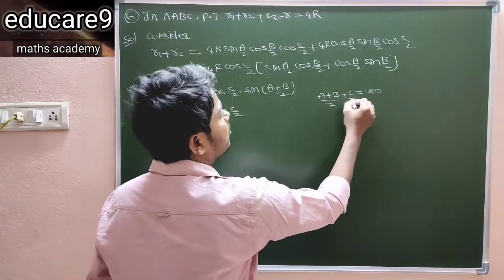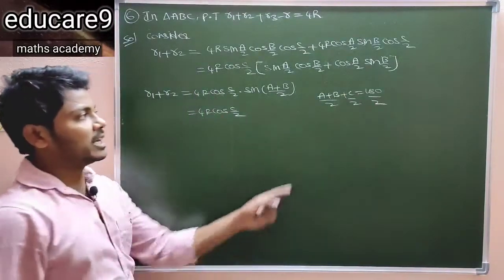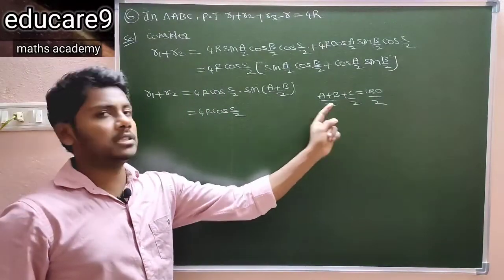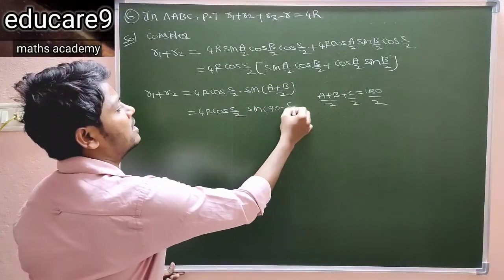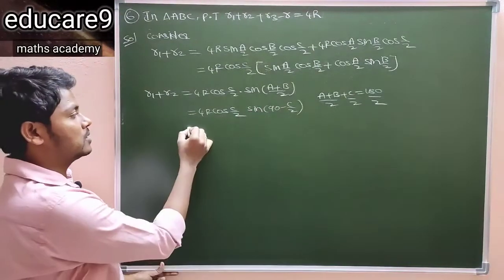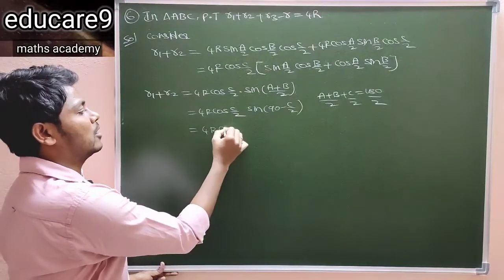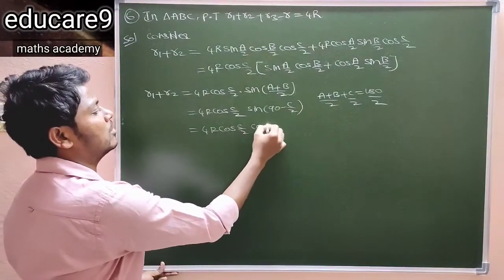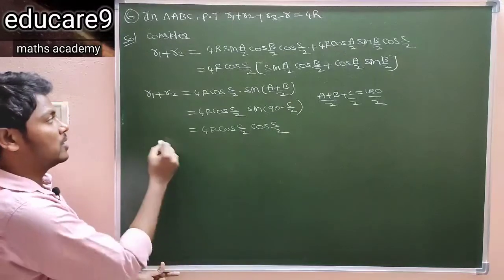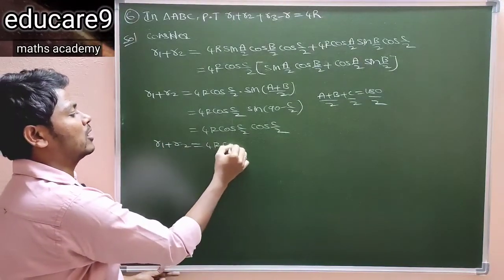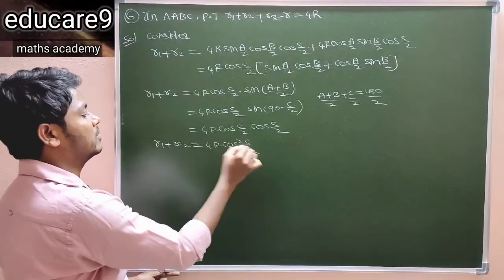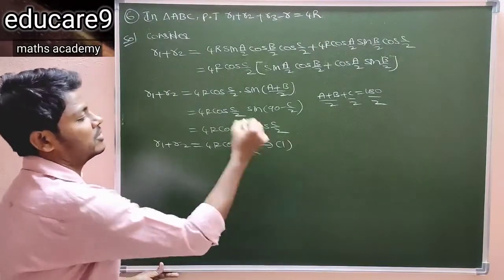So divide by 2, so clearly A plus B by 2 is 90 minus C by 2. So this is sin of 90 minus C by 2, so this is 4R cos C by 2 into cos C by 2. So therefore R1 plus R2 is 4R cos square C by 2. So this is equation 1.